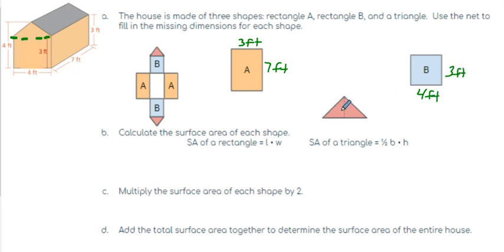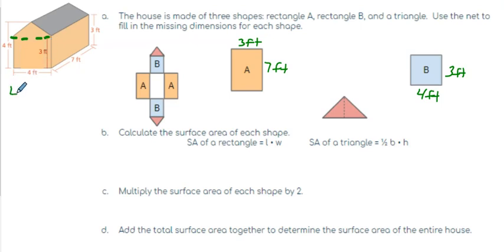Okay, and then we come to our triangle. Remember, for our triangle, we need to know this height. So we need to know how tall it is and the base. So the base of my triangle is 4 feet. And then my height I can find out because I know that the height of the triangle plus the rectangle is equal to 4, and the height of just the rectangle is equal to 3.